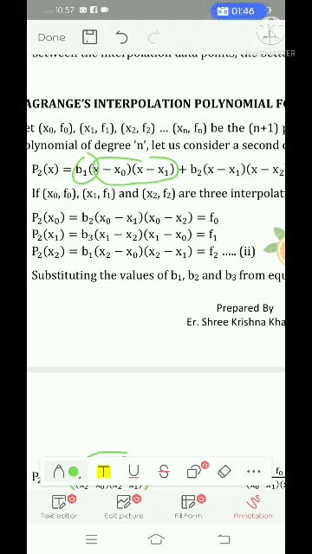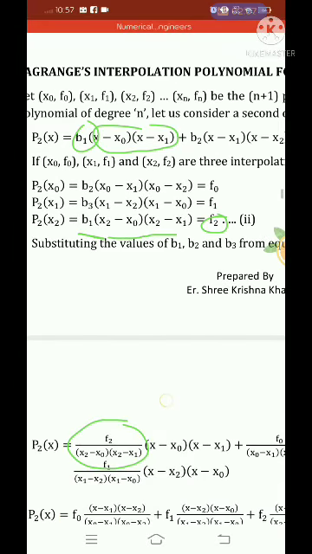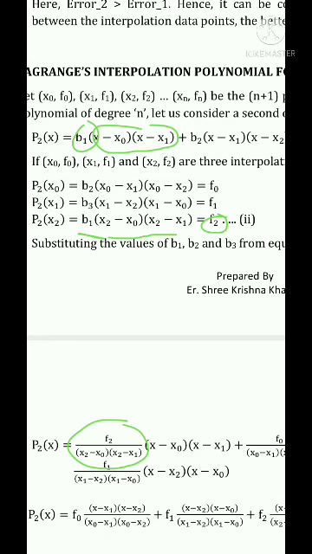So to get b sub 1, it is simply f sub 2 divided by x sub 2 minus x sub 0 times x sub 2 minus x sub 1, which is this. That is f sub 2 over x sub 2 minus x sub 0, so on, right? So that is where b sub 1 was taken.